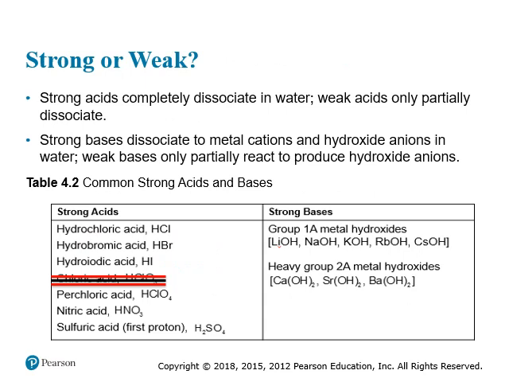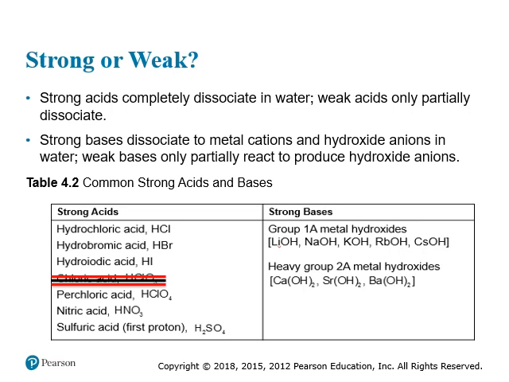Now, how do we know if an acid or a base is a strong acid or a strong base, a weak acid or a weak base? Well, in the same idea of electrolytes, where the terms strong and weak speak to the extent of dissociation, not necessarily the potency of the substance in question, a strong acid will completely dissociate in water, while weak acids will only partially dissociate.